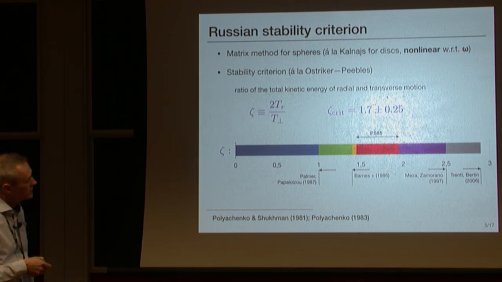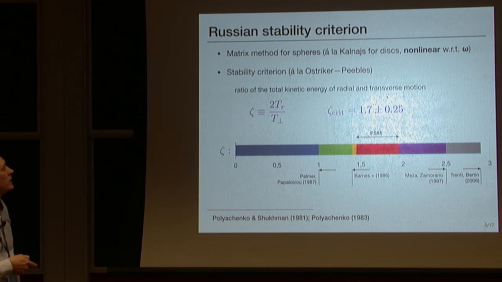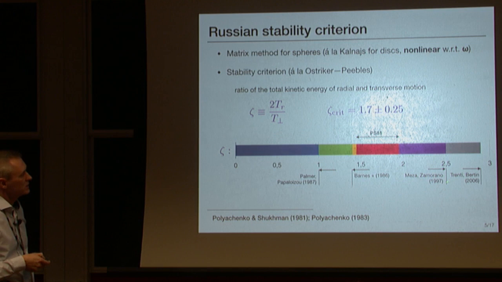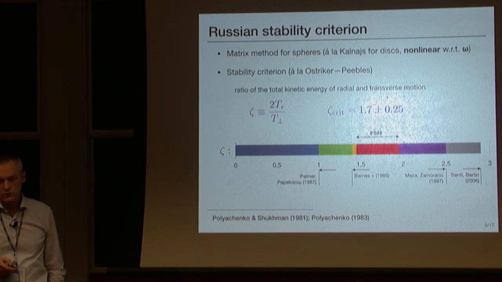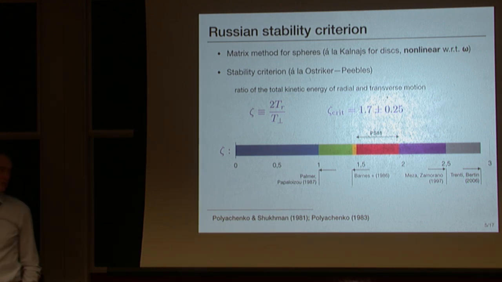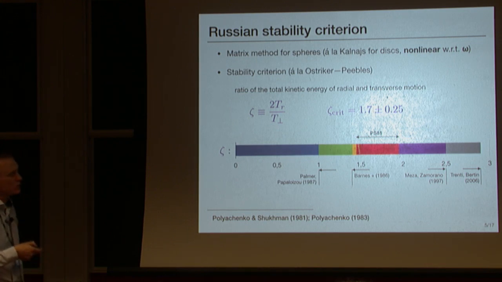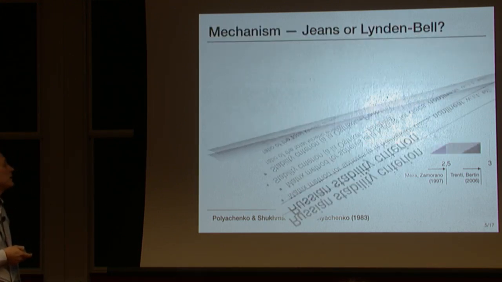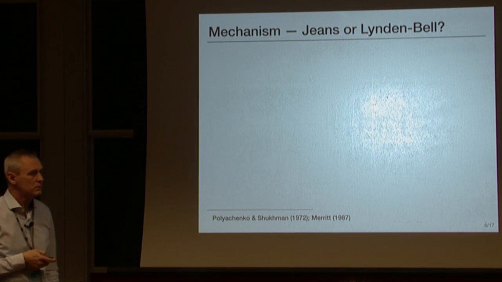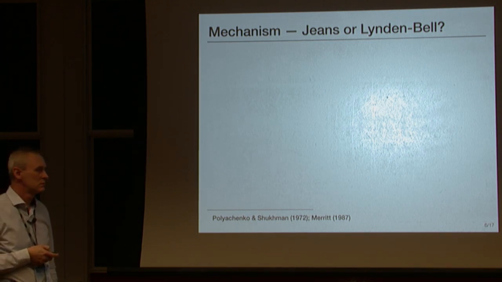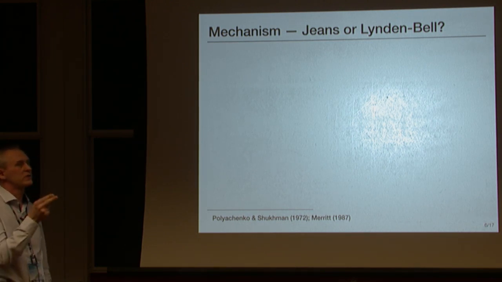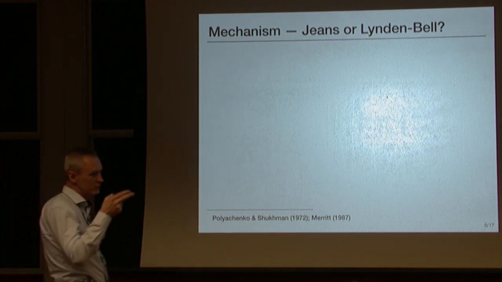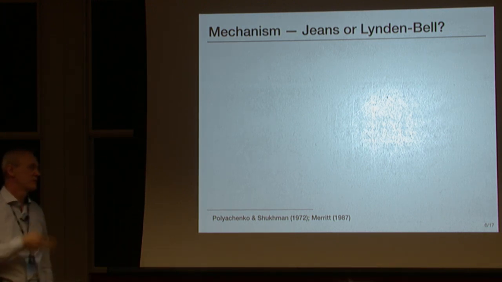On the other hand, Meza and Zamorano obtained a stable system for 2.5, and Trenti and Bertin obtained an Osipkov-Merritt for 2.9. So unfortunately, there is no stability criterion in terms of these global parameters. You have plus minus something, what does it mean? It was uncertainty. They were uncertain about what exactly the boundary is.